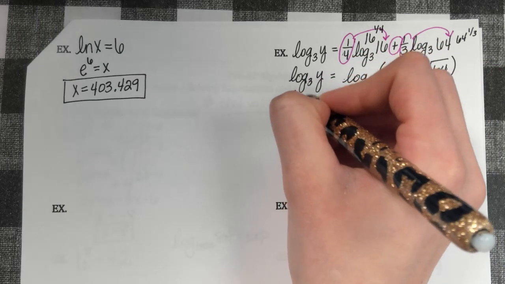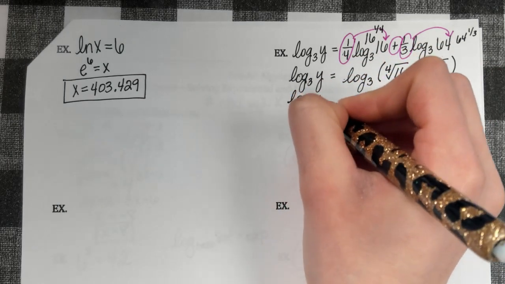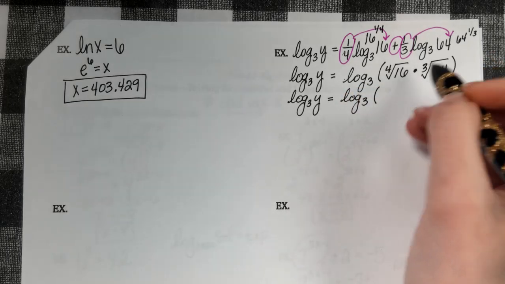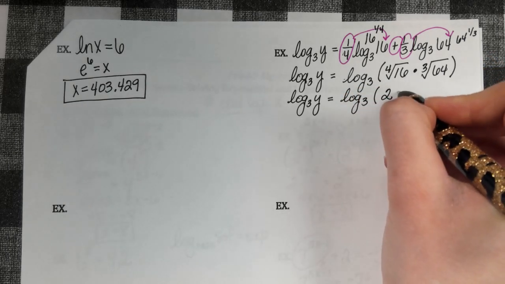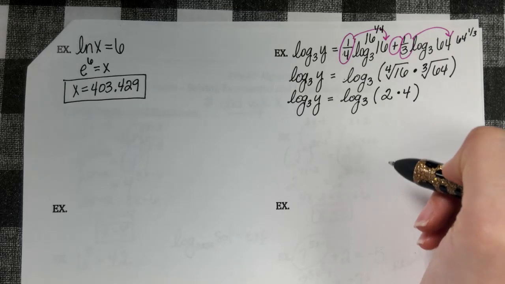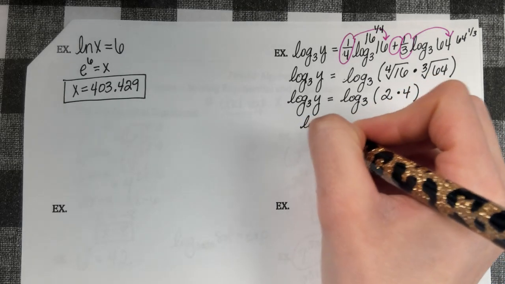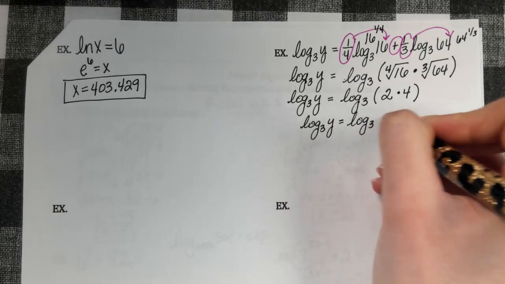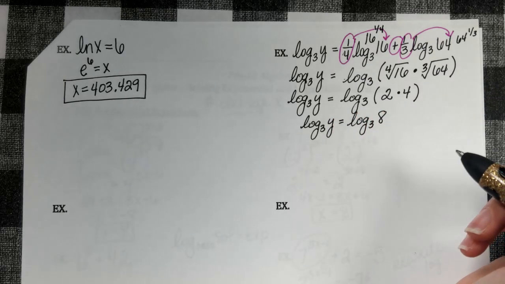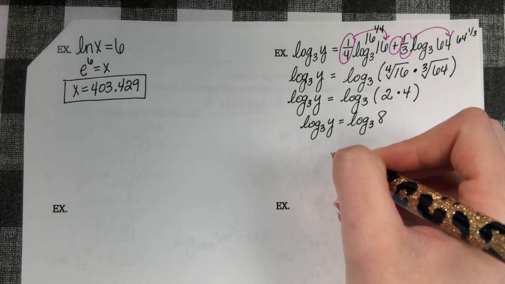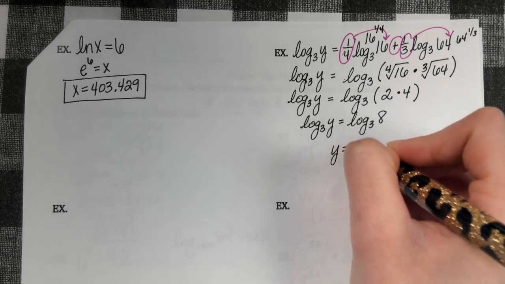So I have log base 3 of y equals log base 3. The 4th root of 16 is 2, and the cube root of 64 is 4. So log base 3 of y equals log base 3 of 8. What do I know about that? y equals 8, my 1-to-1 property.